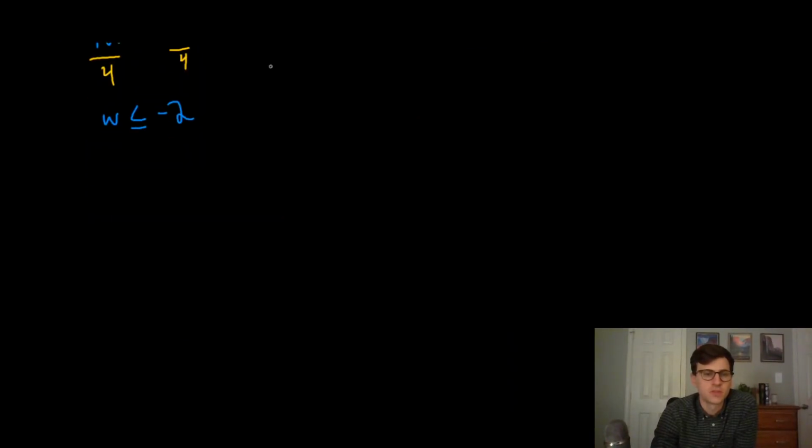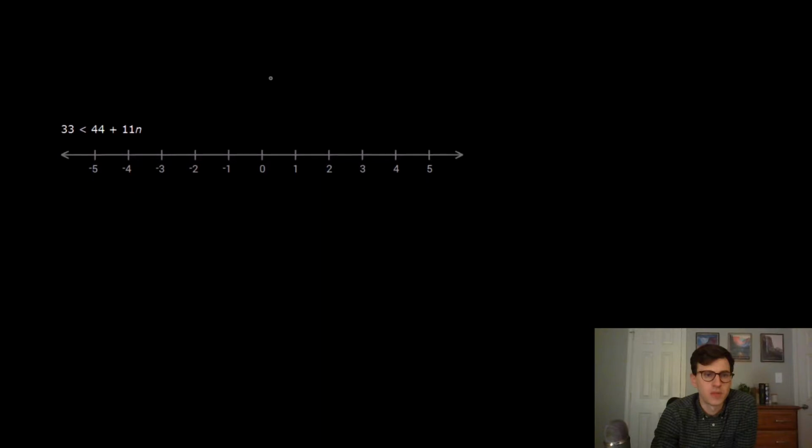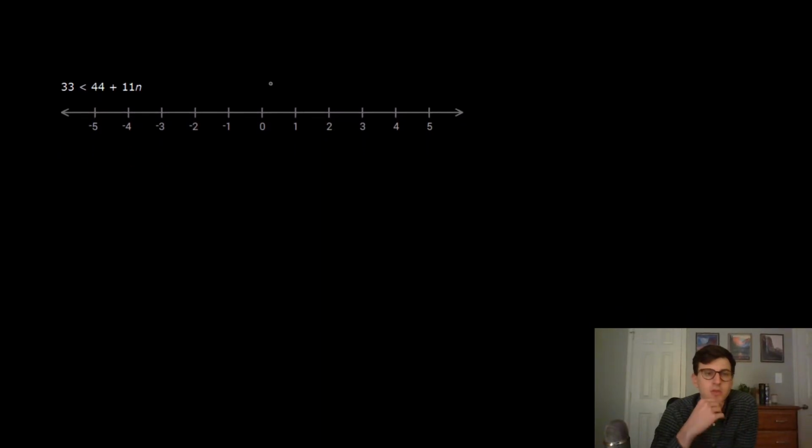Okay, let's look at at least one more. That was not too bad. Okay, 33 is less than 44 plus 11n. This is interesting because my variable is on the right-hand side, but that's okay. We'll take care of that at the end.